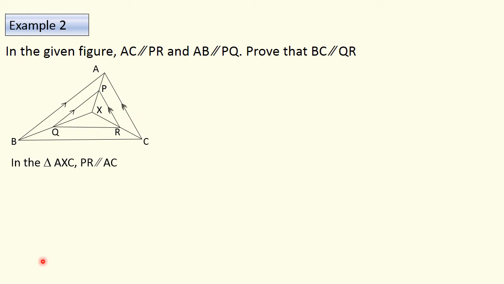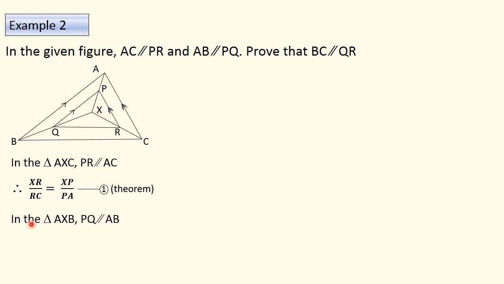When a line drawn parallel to a side of a triangle divides the other two sides proportionally, applying the theorem to the triangle AXC, the divisions of the other two sides are equal. So XR over RC equals XP over PA. That is the conclusion when the theorem is applied to the triangle AXC.